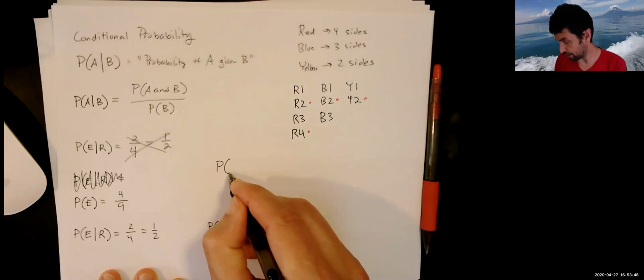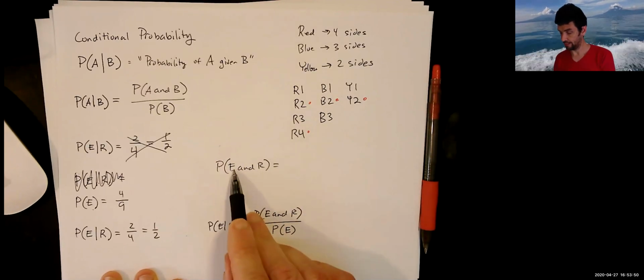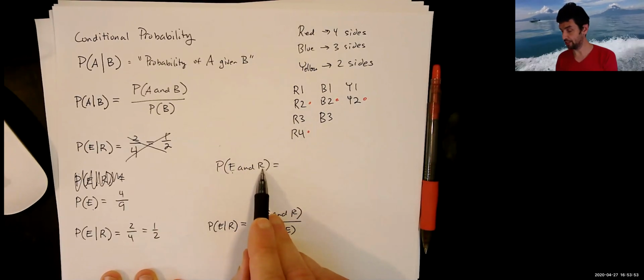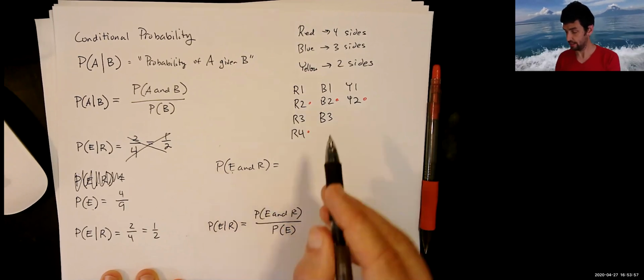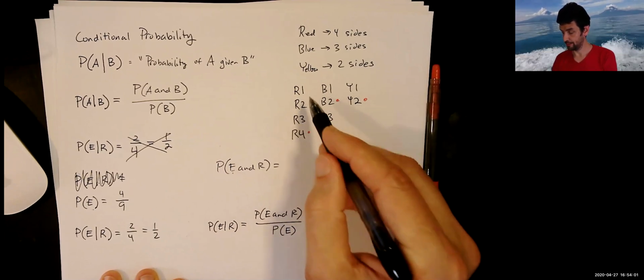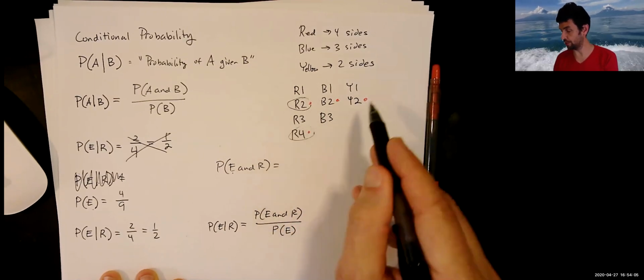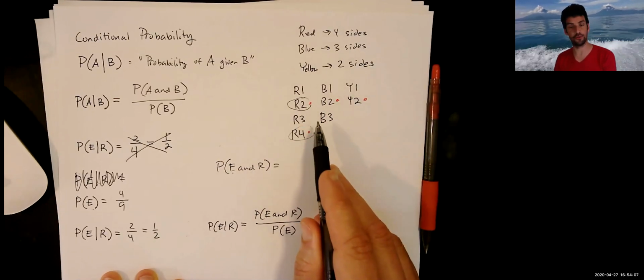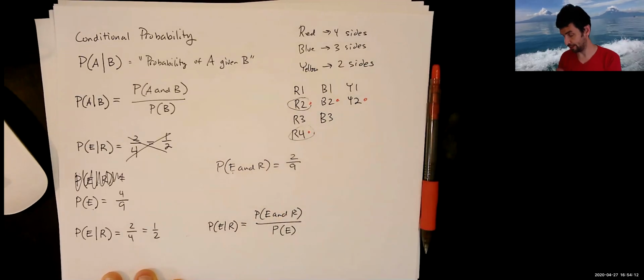So the probability of E and R, that's rolling an even and drawing red. We've got 4 red, and of those 2 are even. So these are the only 2 outcomes in this sample space that are both a red die and an even number. So that's 2 out of 9.